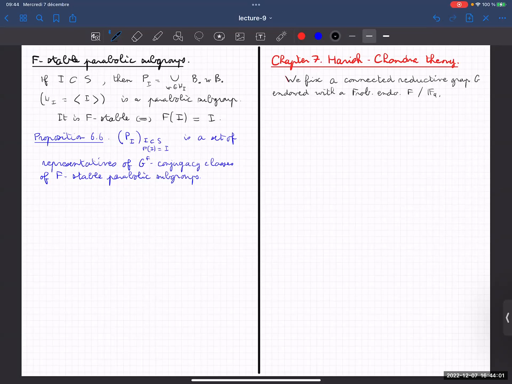Okay, so Harish-Chandra theory is a theory for starting to study algebraically the representations of the finite group G^F. And for this, we need to define some Harish-Chandra induction and Harish-Chandra restriction, as we did for SL2. So: Harish-Chandra induction and restriction.